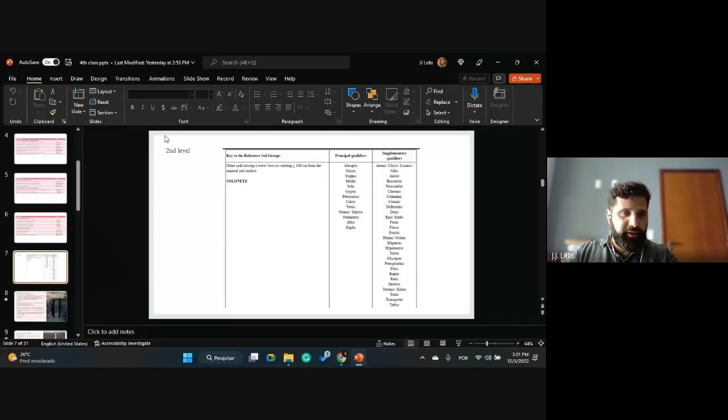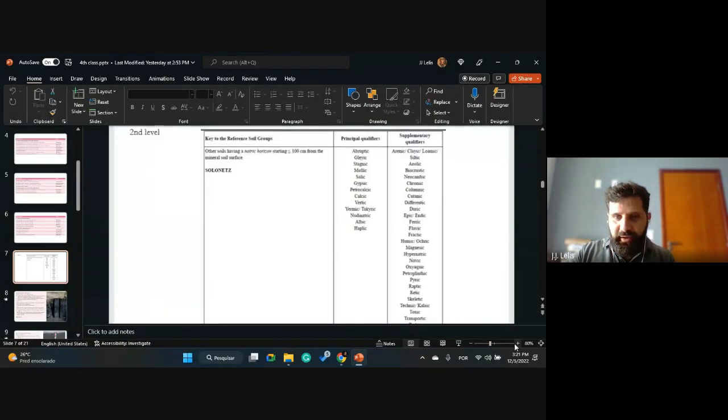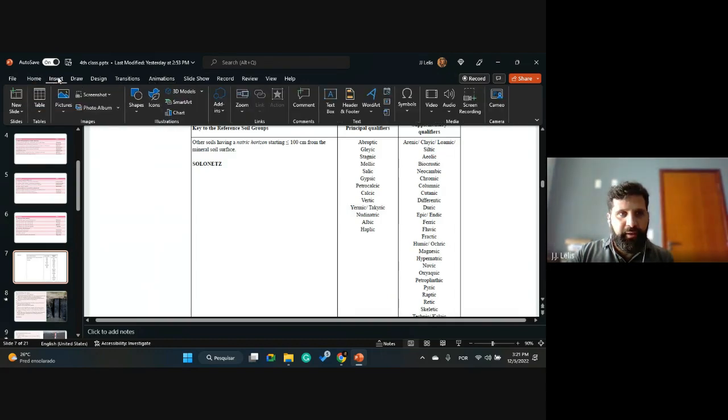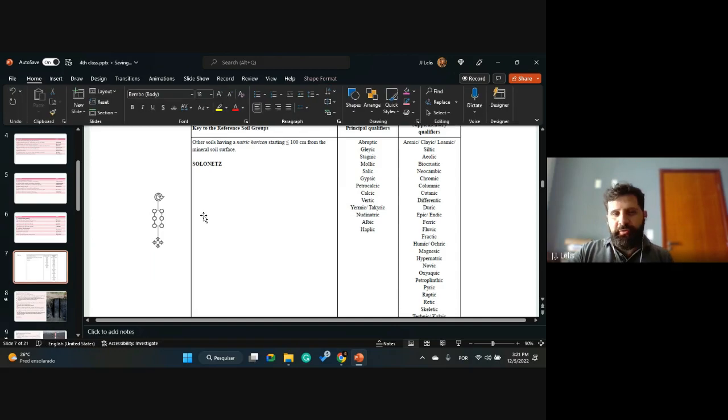So let's check. In this case, I'll just add a box here. Okay, so let's see, I found a soil in the field, and I know that it's a solonetz, and I identify clayic properties, and I identify a gypsic horizon.